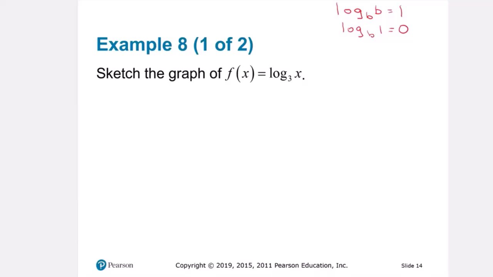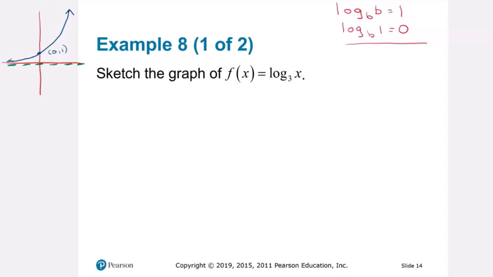Now, the other thing that you do need to know about logs, if our exponential function looks like this, where we always have this horizontal asymptote at y equals 0, and my graph always goes through the point 0, 1.